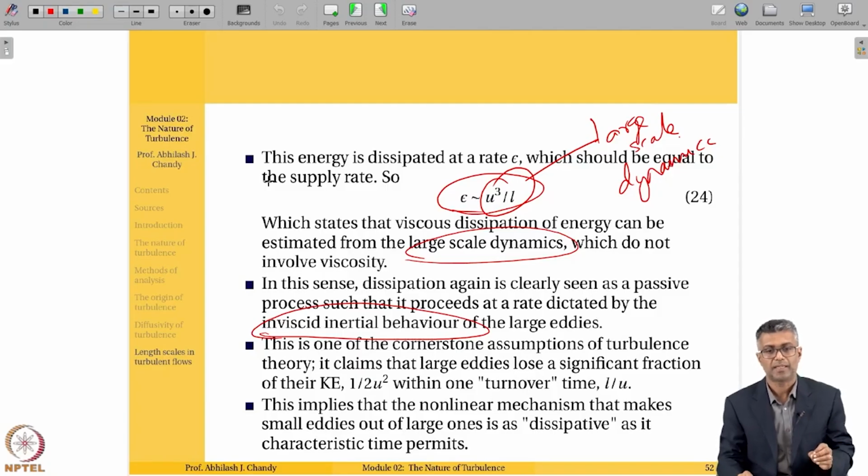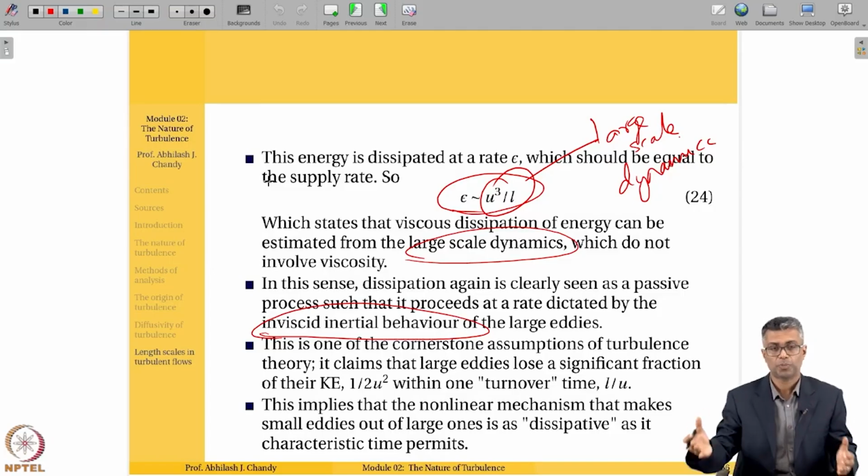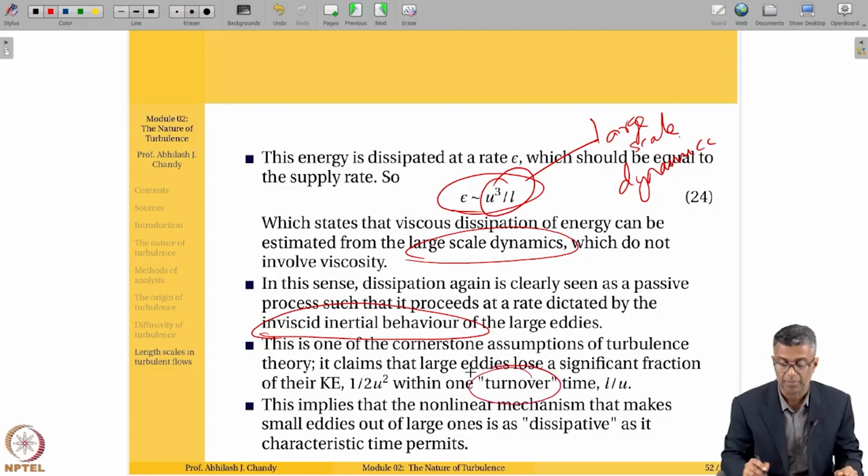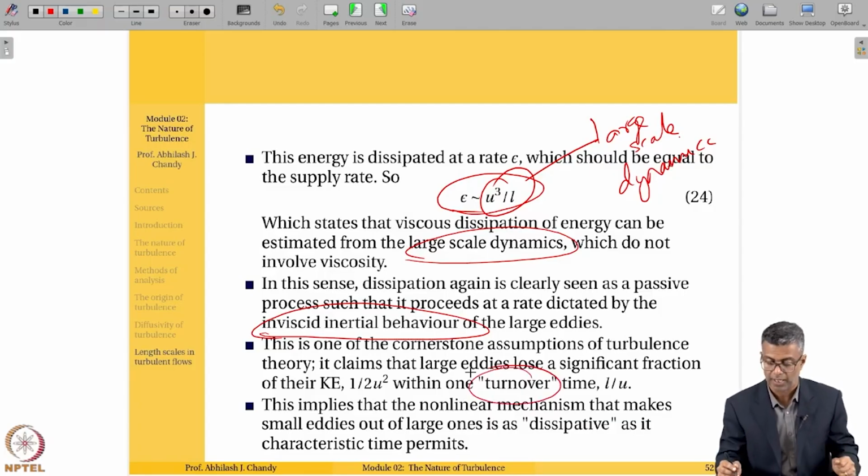It claims that the large eddies lose a significant fraction of their kinetic energy per unit mass, which is half u squared, in one what we call an eddy turnover time, which is L over U. We are always talking per unit mass in this class.